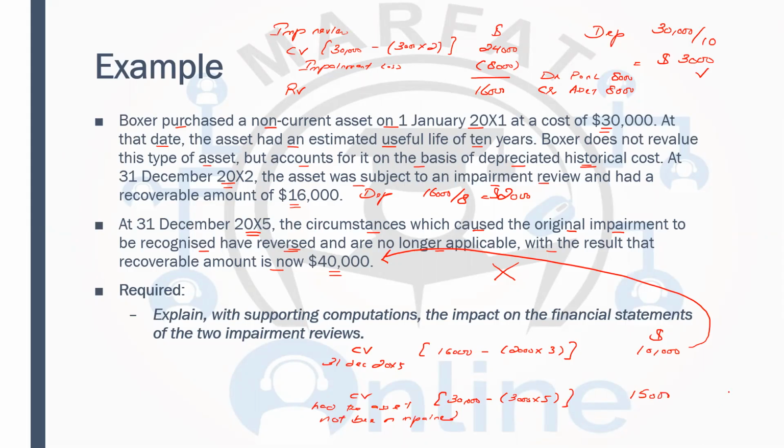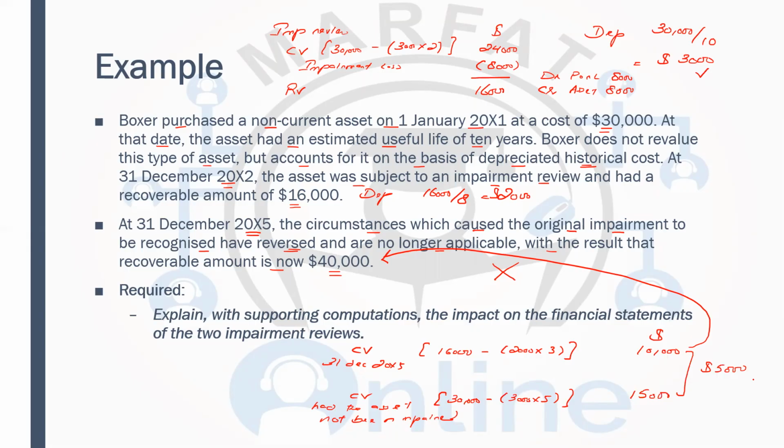So the standard says that you can reverse the impairment of only 5,000. You can take the asset to the maximum value where it would have been if there was no impairment. You cannot take the asset now to the recoverable amount, which is the new value.